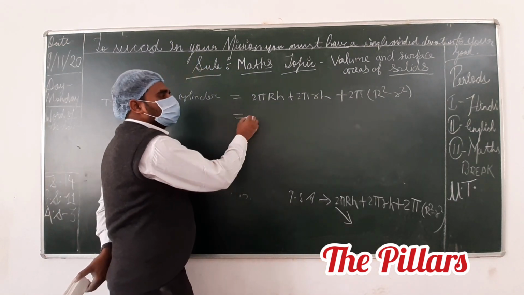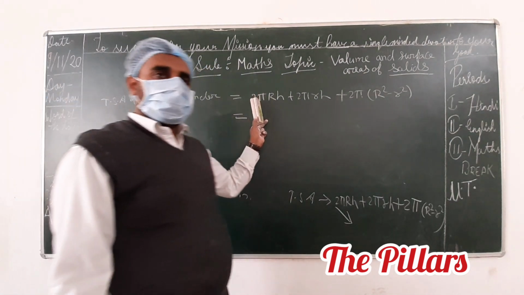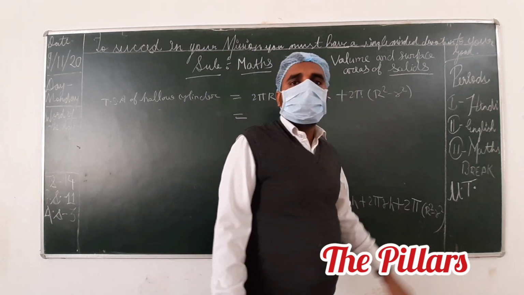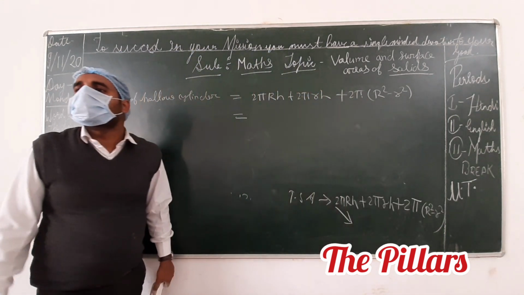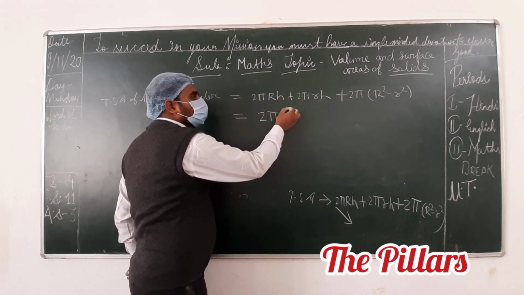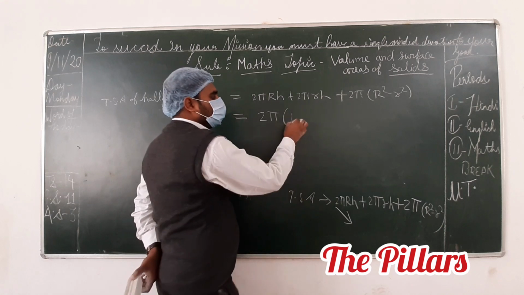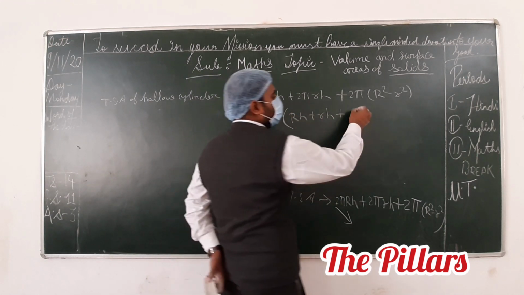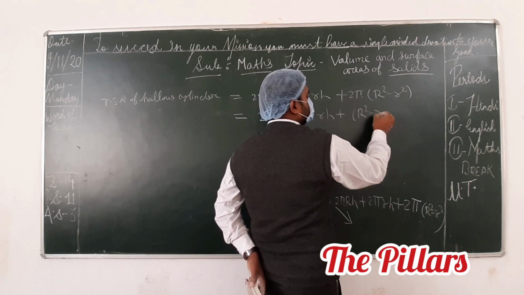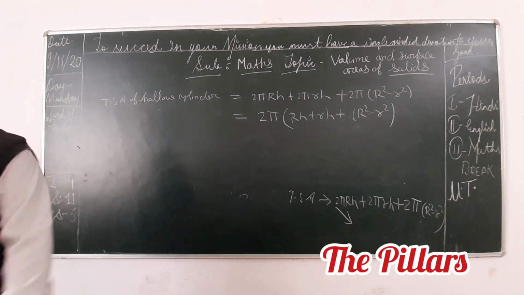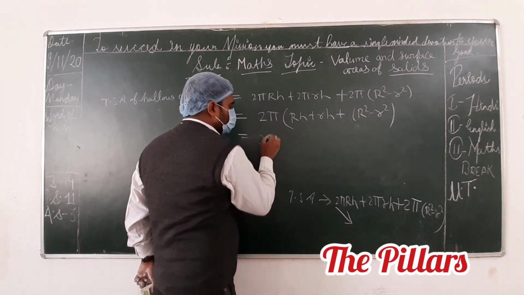See, 2 pi here, 2 pi here, and 2 pi also here. Then we have to common out 2 pi. The remaining value is capital R H plus small r H plus R square minus r square. Anyone have any doubt till here? No sir.